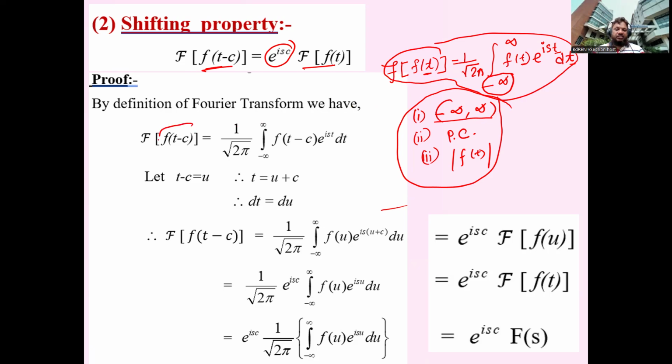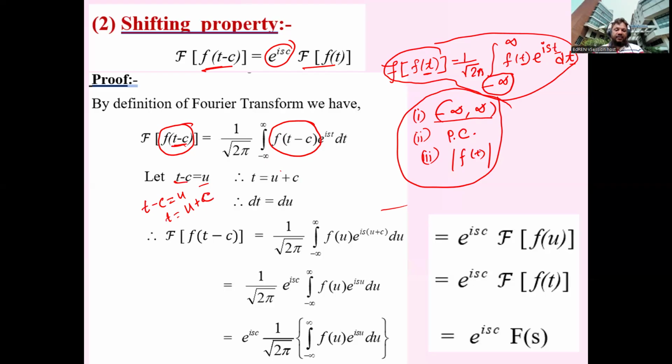if we want to take the Fourier transform of f of t minus c, so a function of t, f of t minus c, right? So now we can take a new variable t minus c as u. If we take t minus c equals u, we can write t equals u plus c. c is a constant term here.